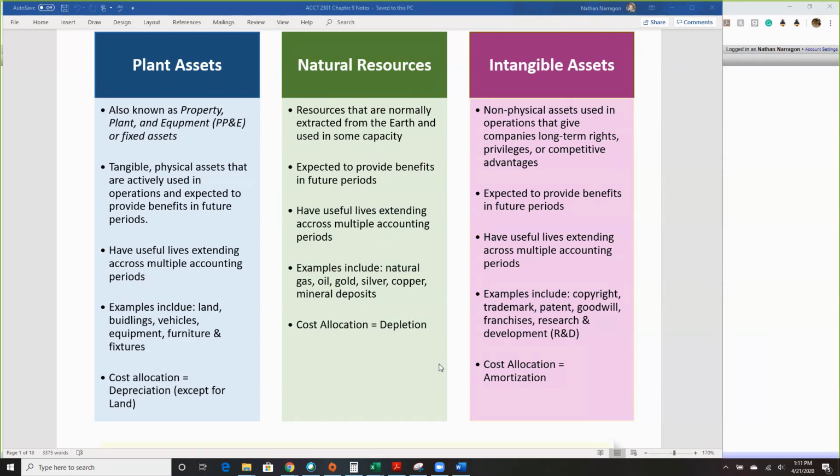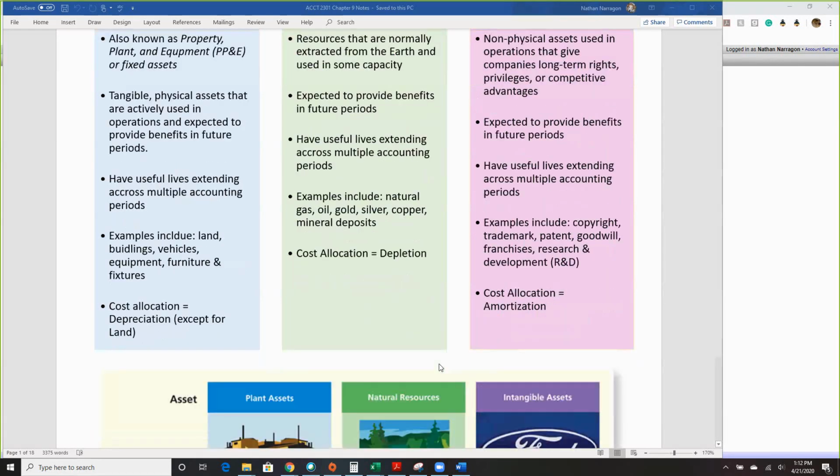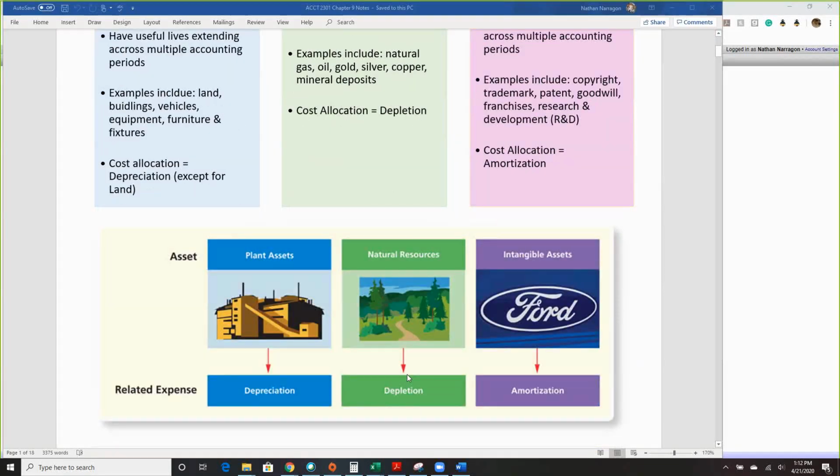These, of course, are your patents, your copyrights, your trademarks, your goodwill, franchises, and even R&D. Now, when we look at these, their allocation method is known as amortization. Again, very similar to depreciation. So that's why we're focusing pretty much on depreciation and not heavily on the resources and intangible assets and how to compute.